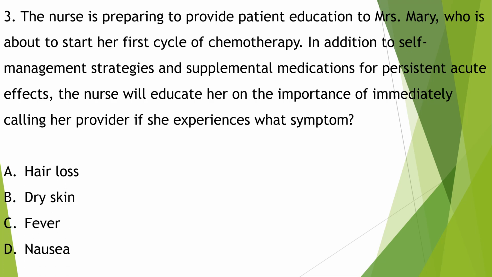Is it a hair loss, dry skin, fever, nausea? Fever may be secondary to an infection. Hair loss, dry skin, nausea, they are expected side effects of a chemotherapy and they don't require an urgent intervention. But fever, if it is there because of reduced WBC, it needs immediate attention.